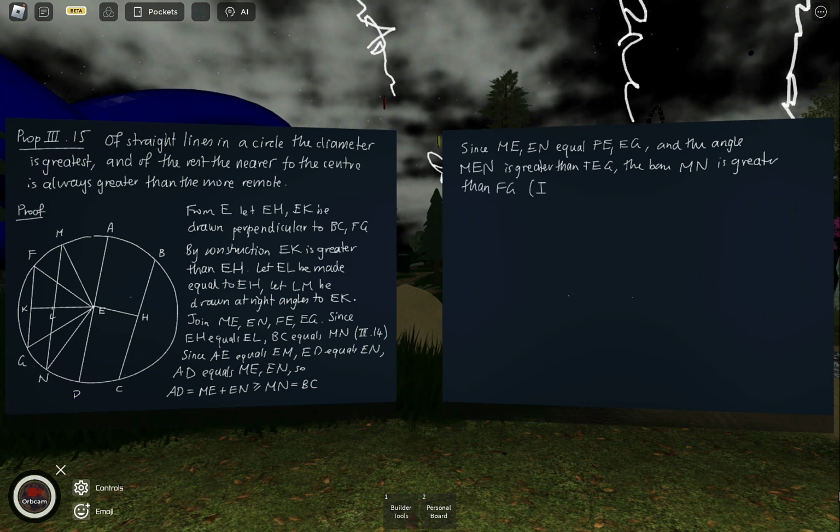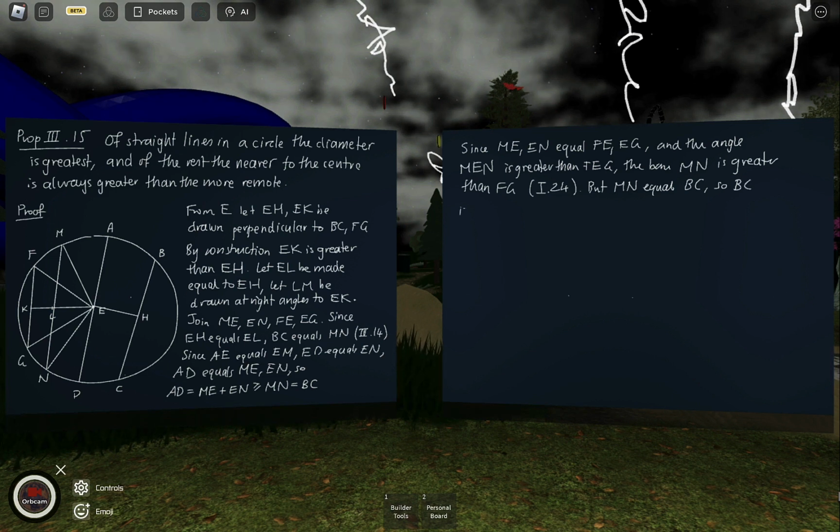So that was proposition 24, book 1. But MN equals BC. So BC is greater than FG. Oh, nice. That's all we had to show.